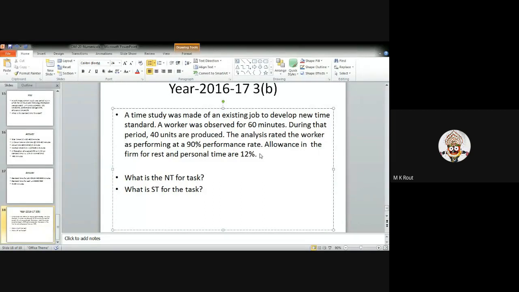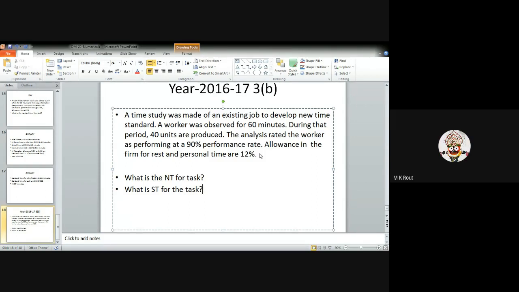And the performance rating, the PR rating is given as 90%, and then allowances are given as 12%. First, you have to calculate the cycle time. Sir, cycle time would be 60 minutes by 40 units.